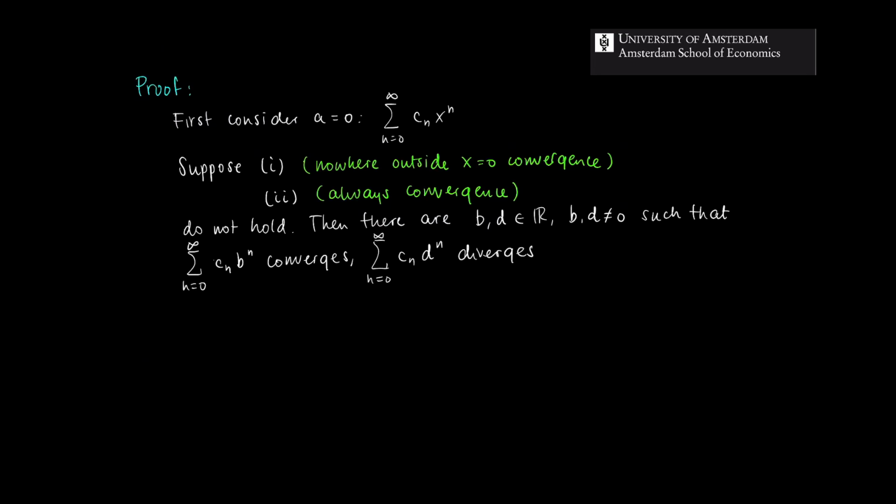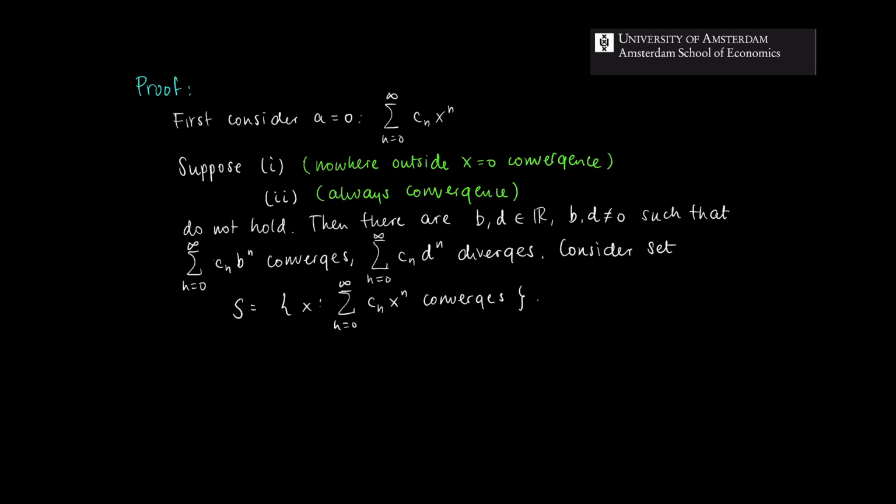So that's the main thing. We should be able to find two of these points. If we cannot, then we're either in situation 1 or we're in situation 2. So now define the set. Consider the set S equal to the set of all x's for which the power series converges.